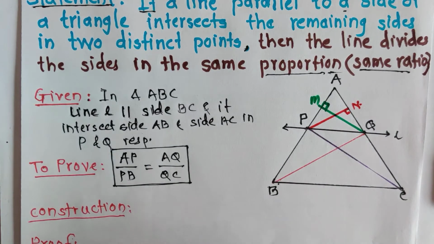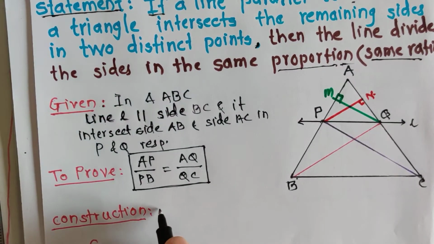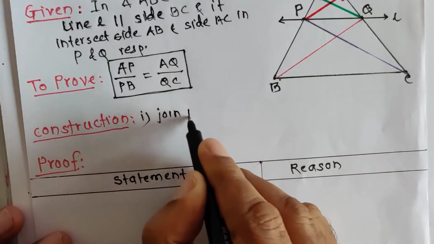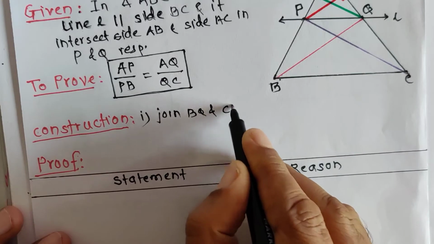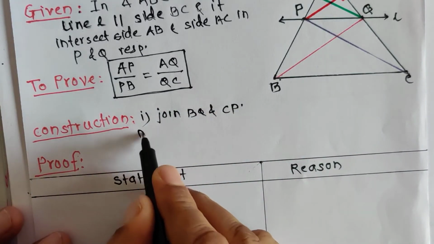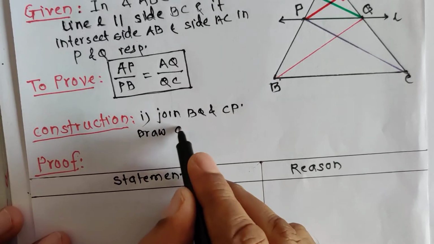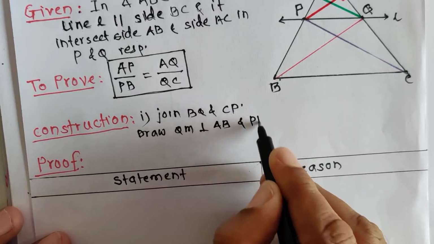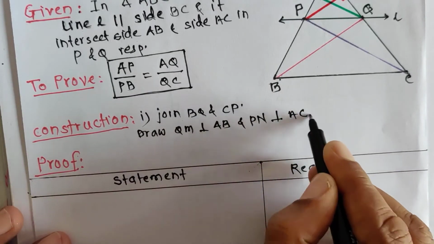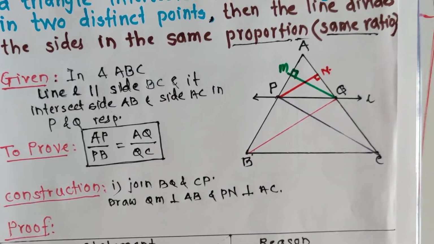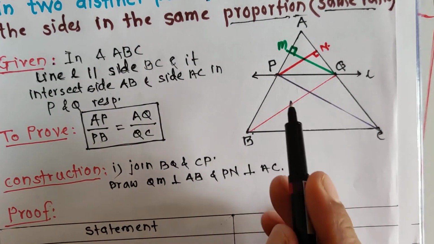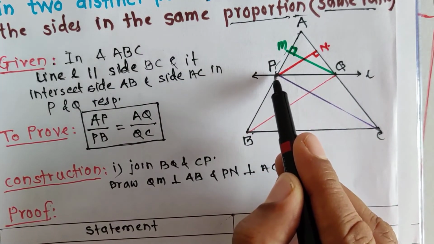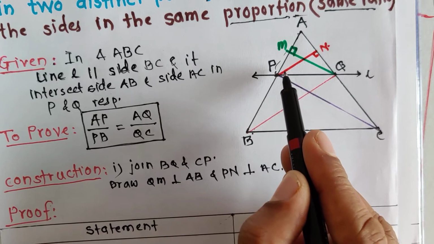Now we have to write the construction. In the construction, first point, join BQ and CP, then draw QM perpendicular to AB and PN perpendicular to AC. Now we have to prove this one. If we observe triangle APQ, how will we get the area of triangle APQ?